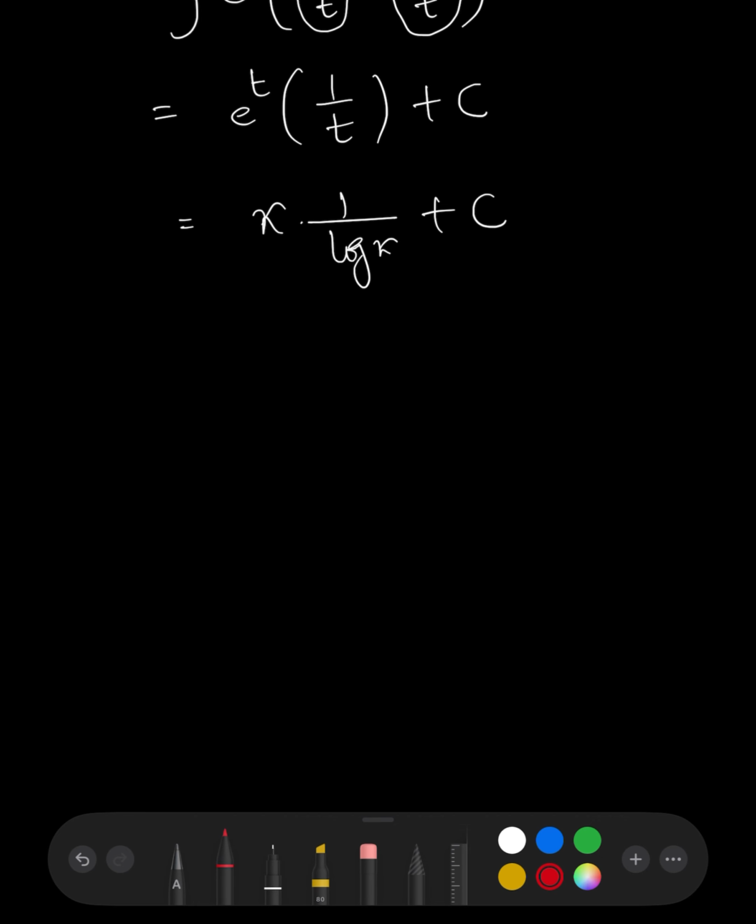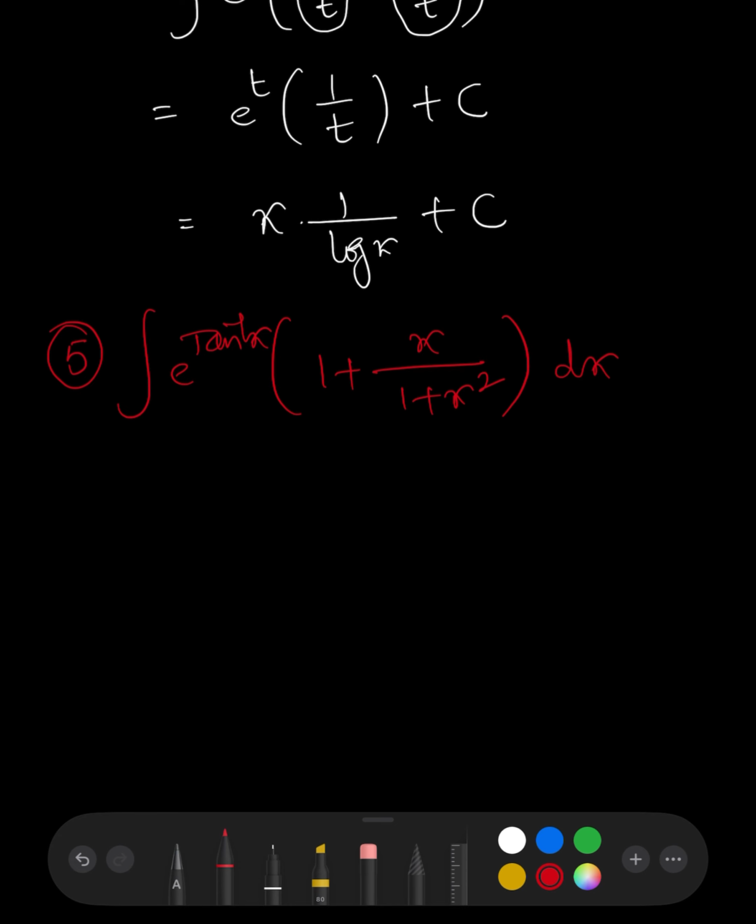Now move on to the next question, where integration and derivatives take place in the same question. This one is very important. Integration of e power tan inverse x into 1 plus x by 1 plus x square whole dx.